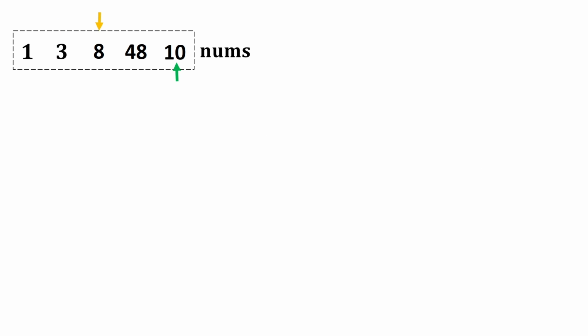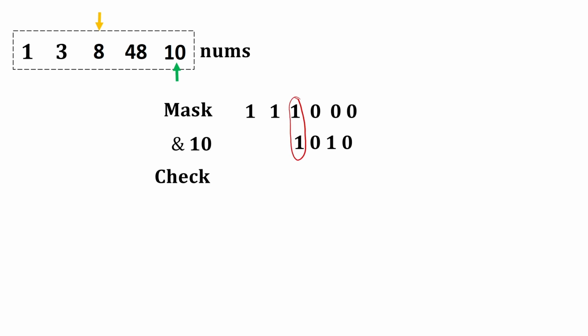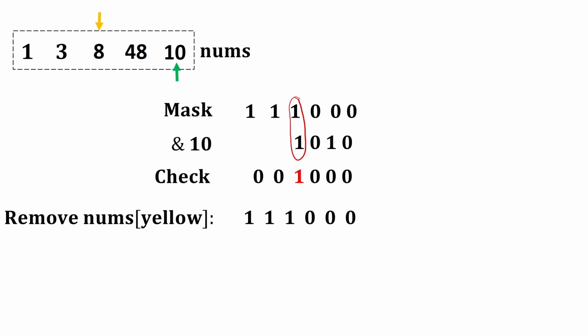Now see, can you add a 10 after that removal of 3? Mask was this. Now try to add 10. Now can you add? No, because this position again has a clash. So the check does not pass. So what do you do? You remove the contribution of the yellow element. How do you remove? Just minus the contribution or take a bitwise OR.